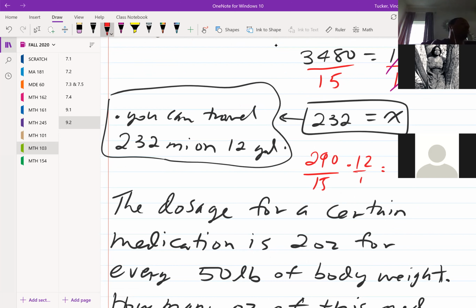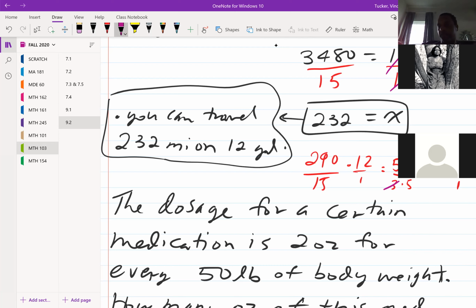Let's do this. All right. So 290 is going to be 5 times 58. 15 is 3 times 5. And then 12 is 3 times 4. So now that I multiplied it by 12, that 3 is going to cancel out.